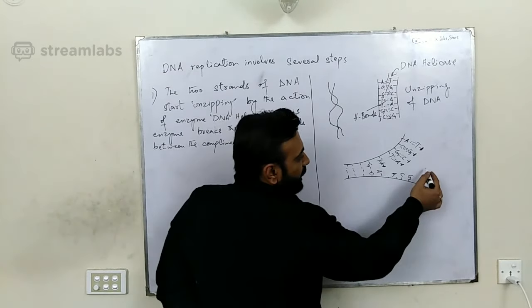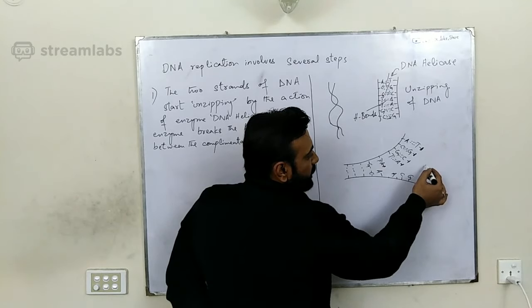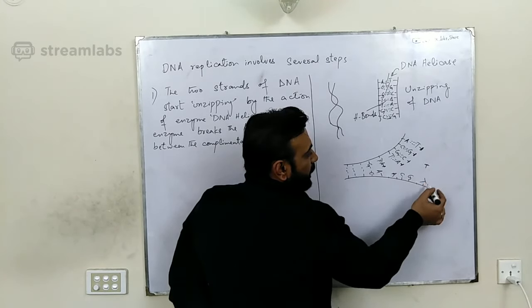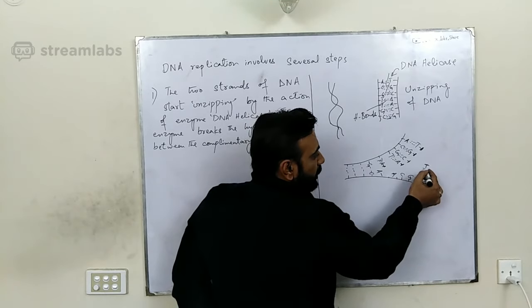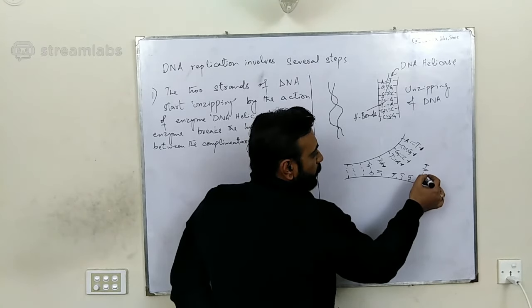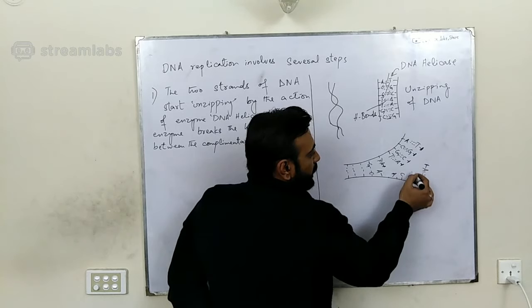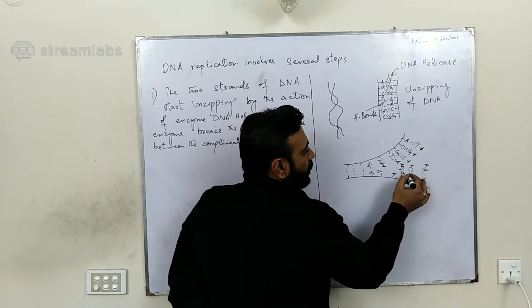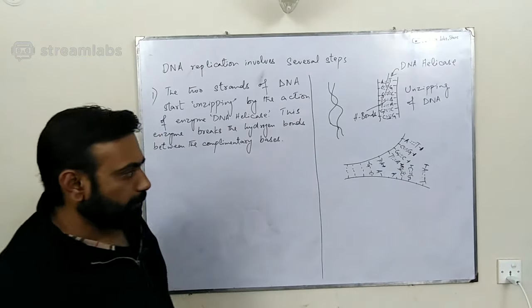Similarly, complementary bases of these nucleotides would start arranging in front of these bases. Like in front of this thymine, there would be an adenine. It would form hydrogen bonds with this one. Then in front of this guanine, there will be a cytosine. It will form three hydrogen bonds with this. Then a guanine here, three hydrogen bonds, and so on.